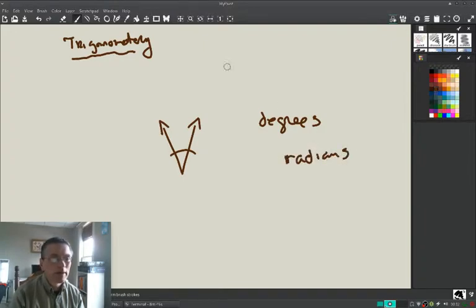I like to draw a parallel between logs. You know your regular log base 10, your common logs, and the natural log. Log base 10 is very intuitive, and you know these things sort of offhand.